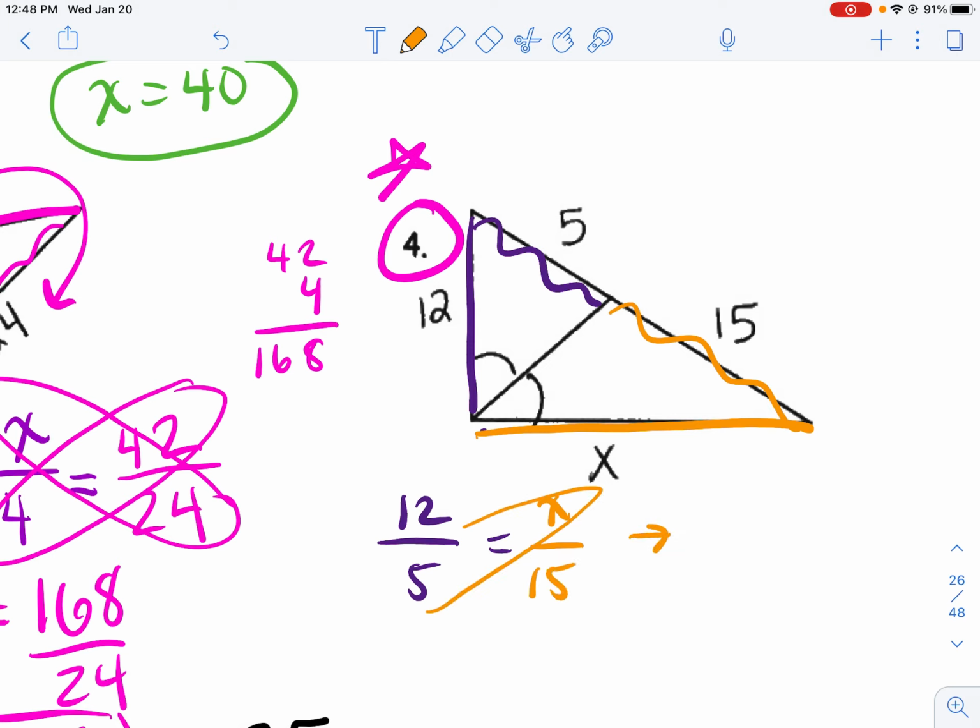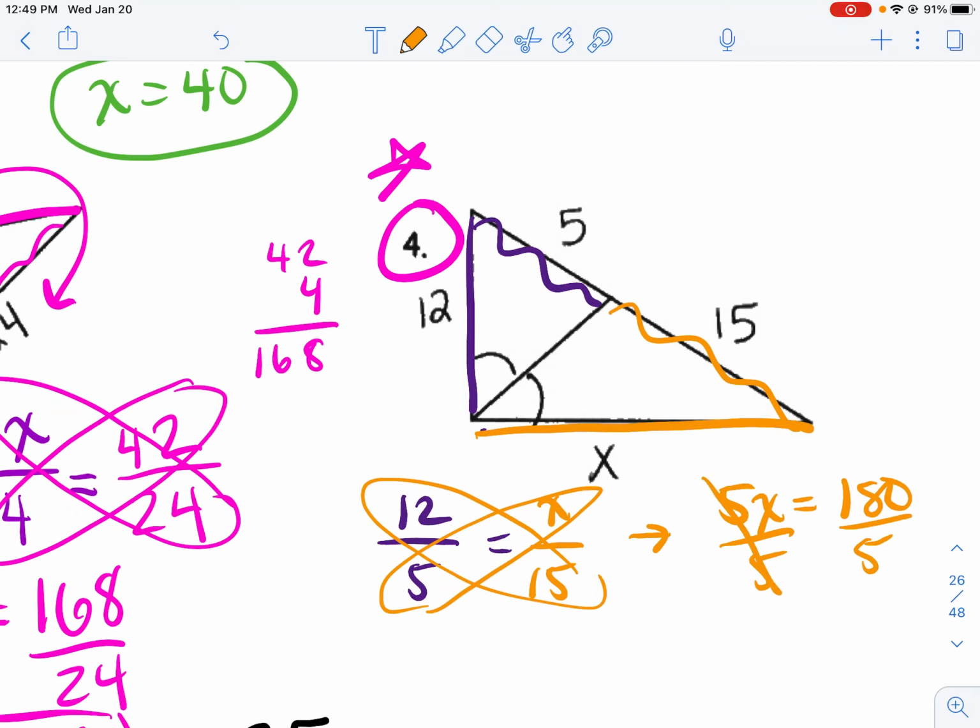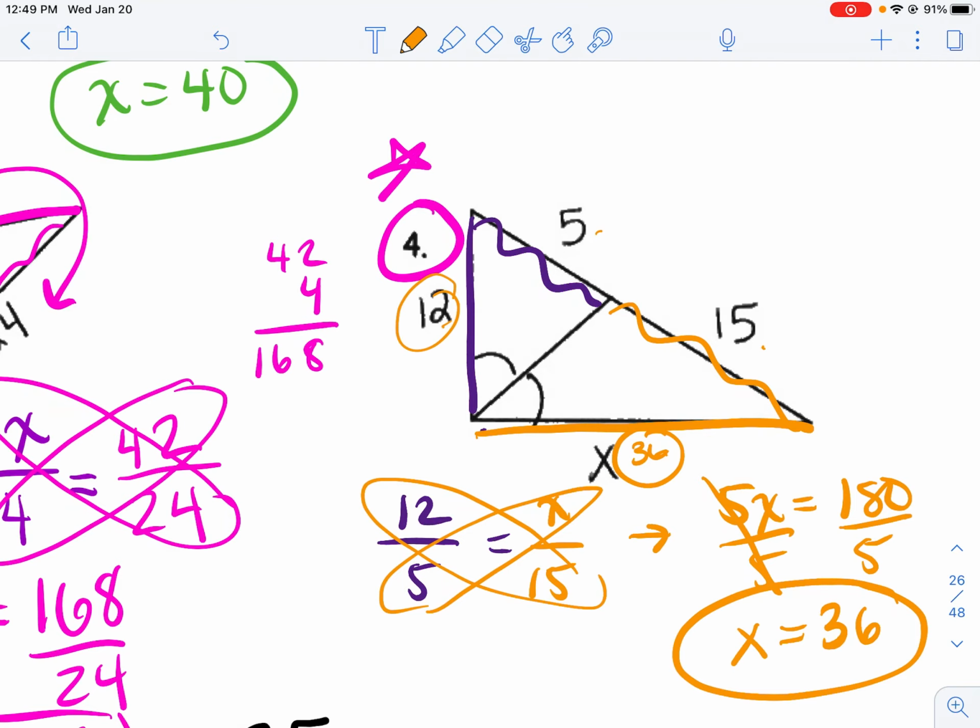So that's going to give us, when we cross multiply, 5x equals, oops, get my calculator here. That's 180. Divide by 5. So x equals 36. Again, that answer seems to make sense, right? That's bigger. That makes sense.